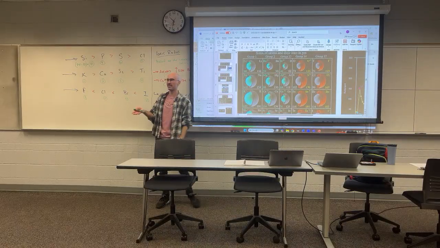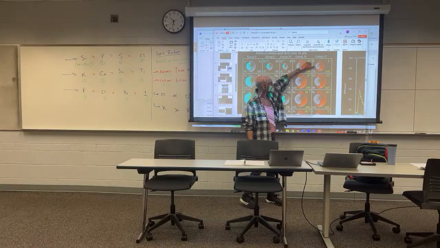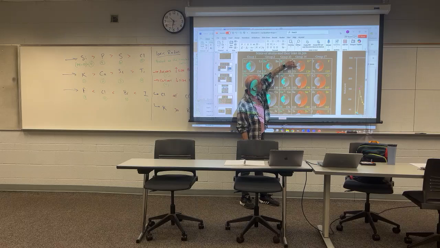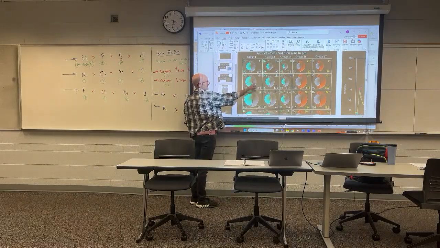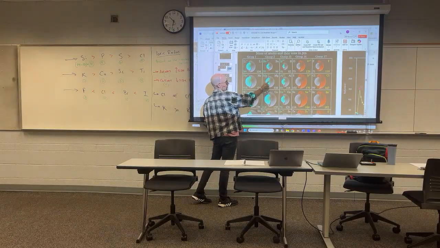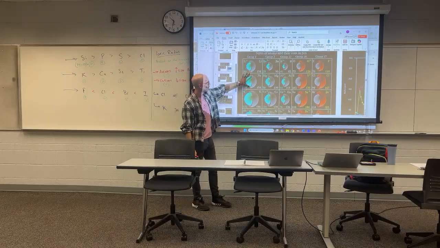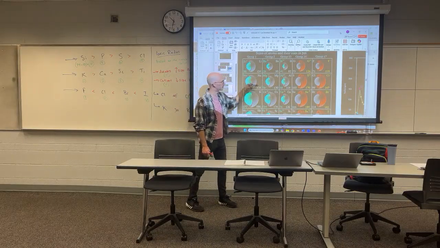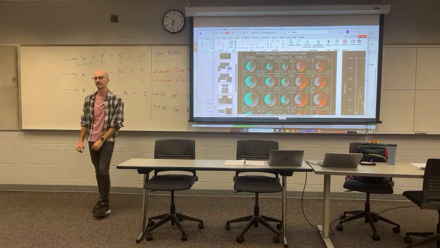Now I actually like this graphic better because it's also showing you that F neutral is smaller than F−, O neutral is smaller than O−, and that Na neutral is larger than Na+, Mg neutral is larger than Mg2+, and you can see how sodium is larger than magnesium is larger than aluminum, showing you effective nuclear charge and the change that you get with the ionic species.